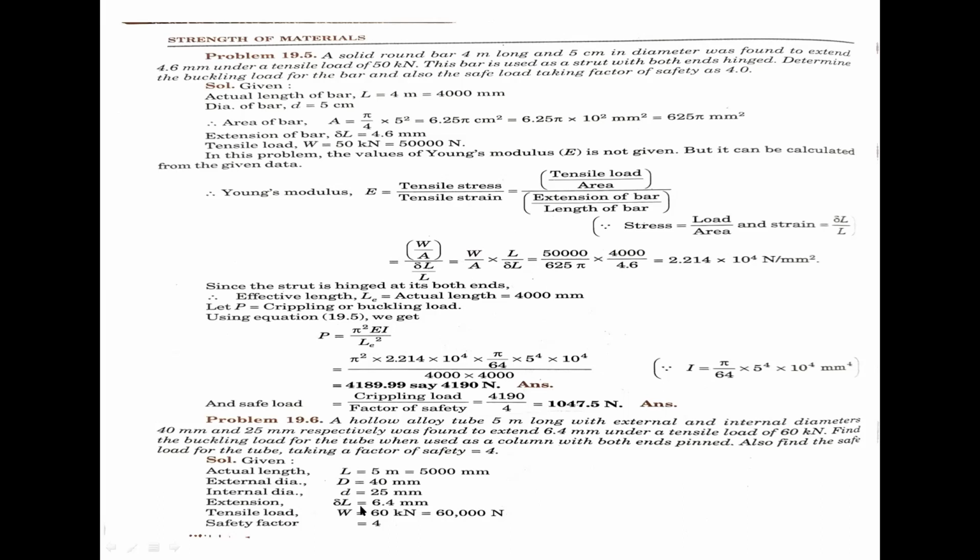Now we have to calculate the cross-sectional area A equals pi by 4 into capital D power 2 minus small d power 2, for the hollow section. Using this formula, pi by 4 into 40 square minus 25 square, finally the area is 766 mm square.